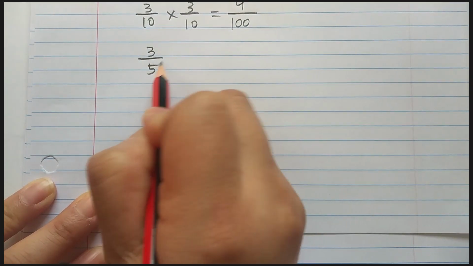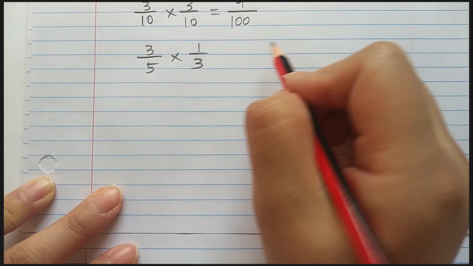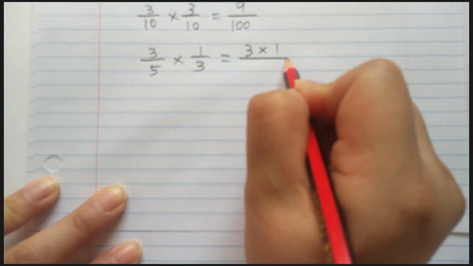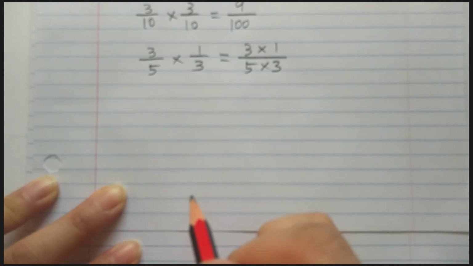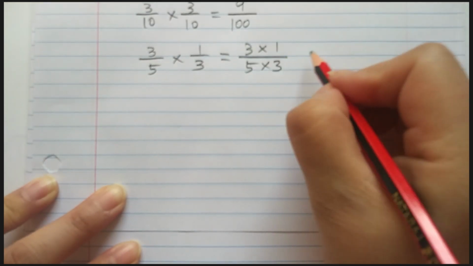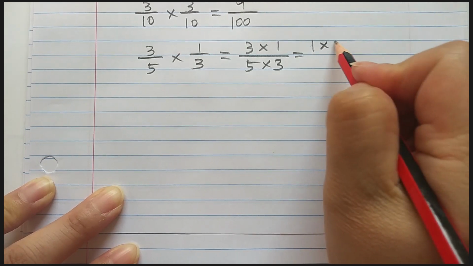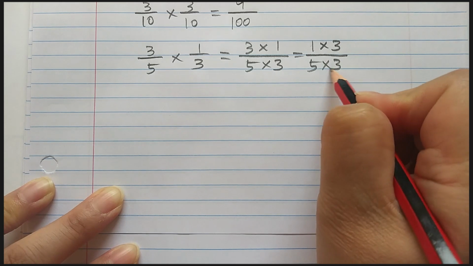3 over 5 times 1/3. That is 3 times 1 over 5 times 3. But instead of 3 times 1, let's switch the place. 1 times 3 over 5 times 3.